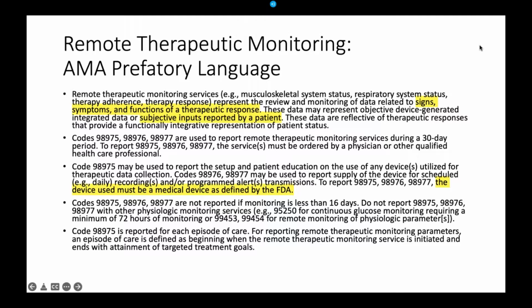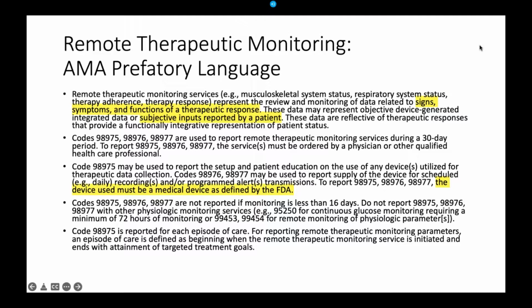RTM, the AMA's prefatory language from the book. I'm not going to talk about remote physiological monitoring, maybe a little bit later on, to compare the two. But remote therapeutic monitoring is the next new thing for CMS and for us.